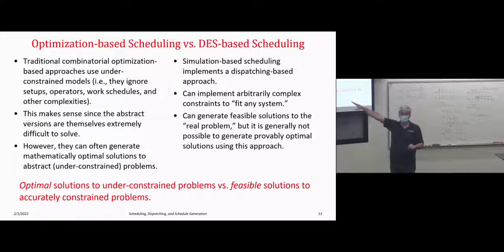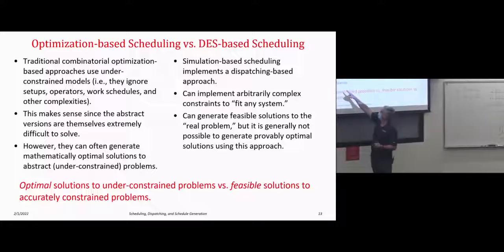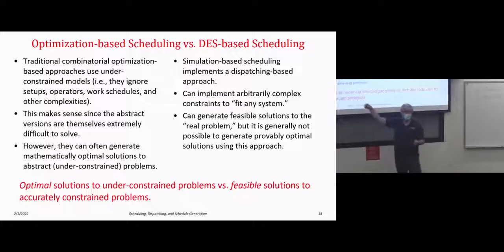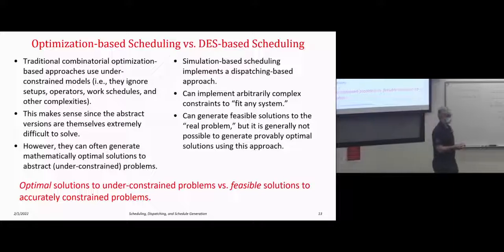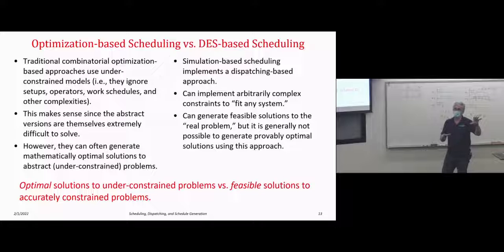And it makes perfect sense to do this from an optimization perspective, because the systems are already complex. It's already difficult to solve this combinatorial optimization problem, even if I ignore everything. But the result is that I can get mathematically optimal solutions to my abstract problem, but they're not actionable. Think back to the example where I don't include setups. I can have an optimal schedule from the operation time perspective, but it's not actionable. I have to make further decisions to have a schedule that I can actually execute.